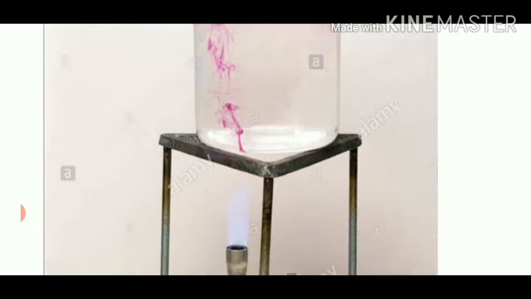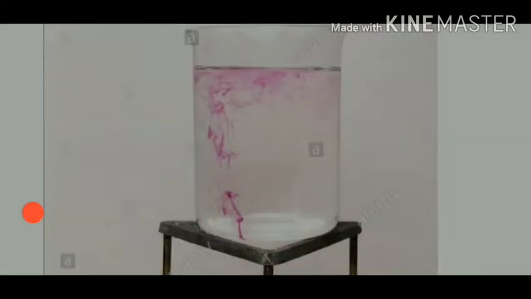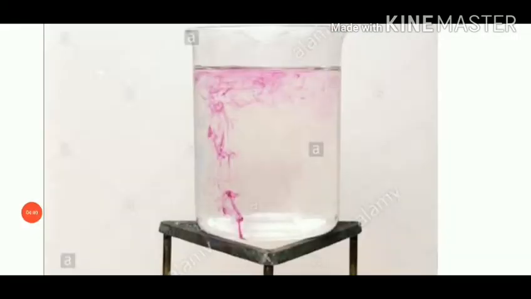And now light the burner. Observe the heating of the beaker. We will observe the colored water rising up from near the crystal. And after a while, the whole solution will become colored and start boiling. Now how does this happen? This happens due to convection.